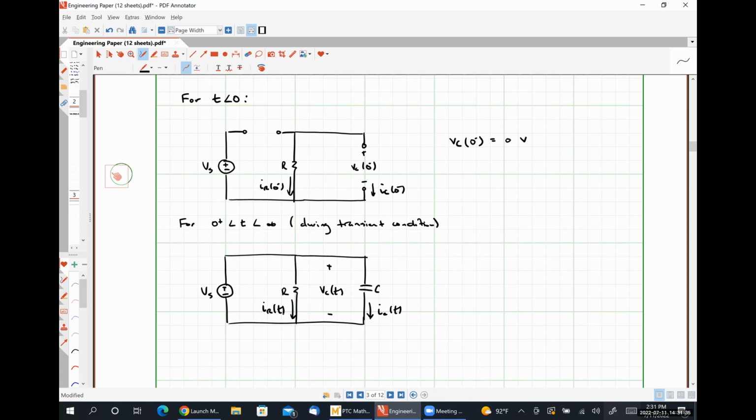Not mathematically, but qualitatively. If we were trying to describe what's going on here, as time progresses, we should expect that the capacitor voltage is going to start at 0 volts, because that's what the capacitor voltage was at t is equal to 0 minus. And it has to continue being 0 volts at t is equal to 0 plus. And then as time progresses, our capacitor is going to slowly charge up.